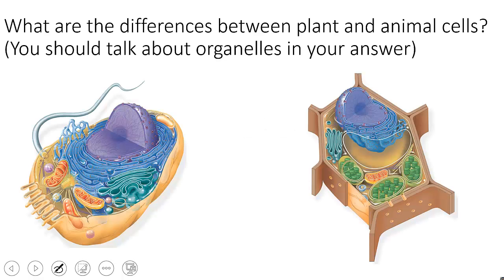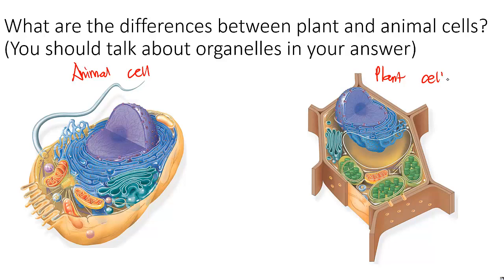Cells. So let's start reviewing what cells are. What are the differences between plant and animal cells? Plant and animal cells, let me label these for you. This is an animal cell, and this is a plant cell. A plant cell has all of the things that an animal cell does, right?